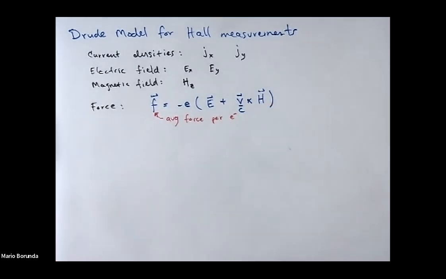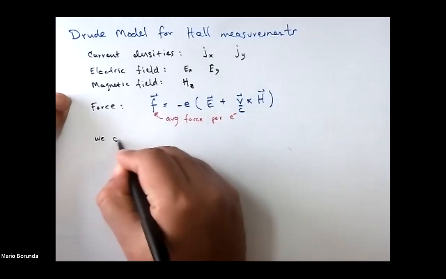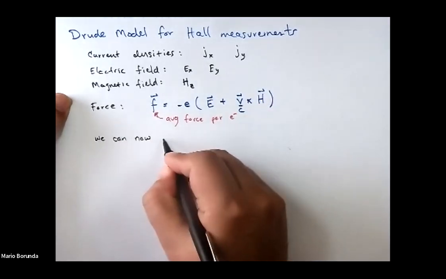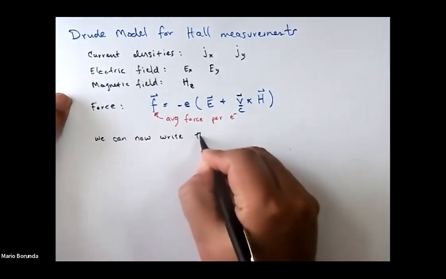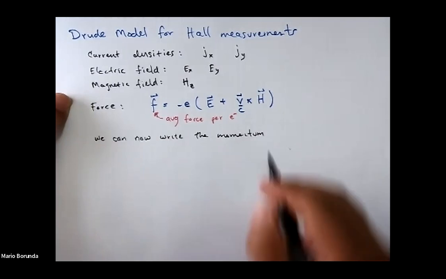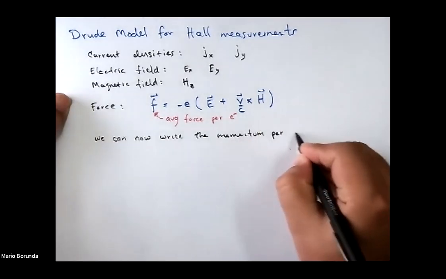So if we have that equation, we can now write the momentum. This is the Lorentz force. We can now write the momentum per electron.